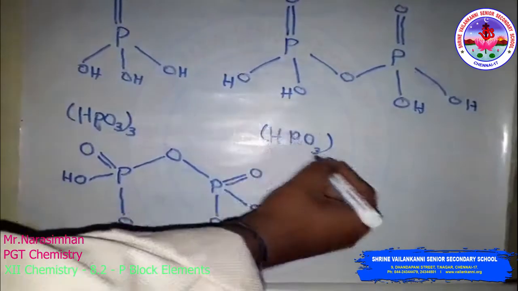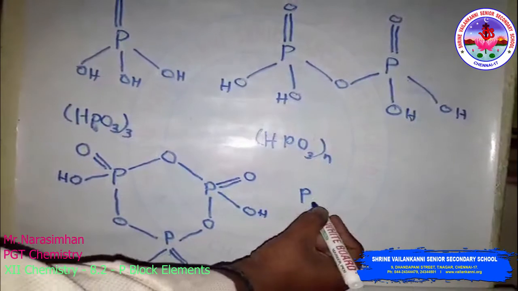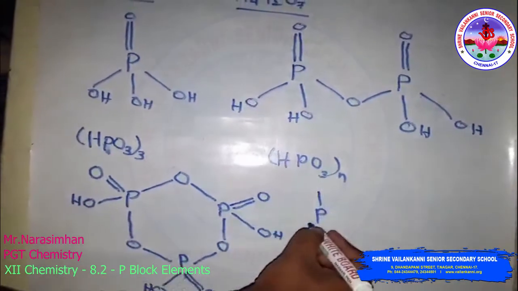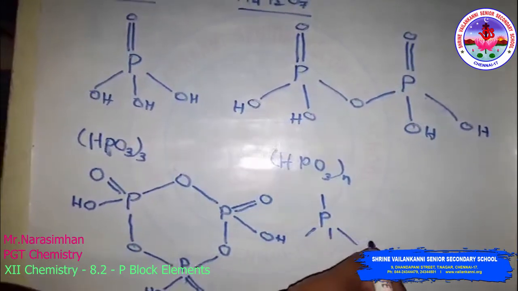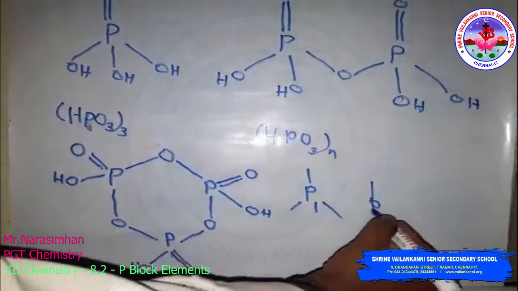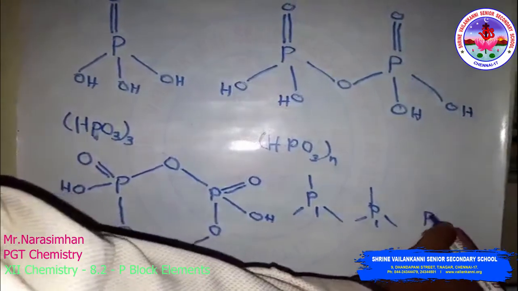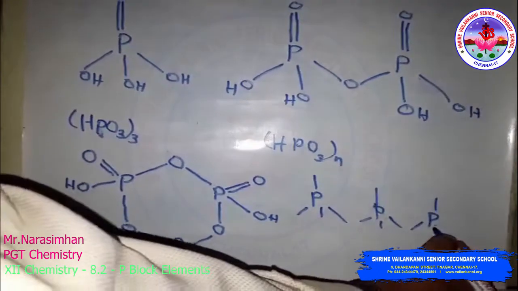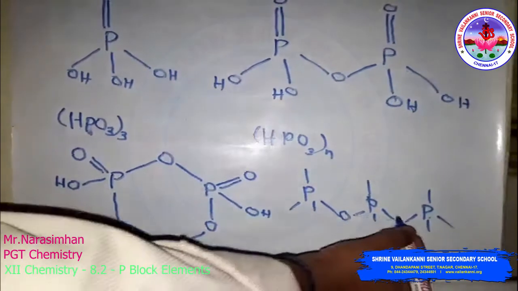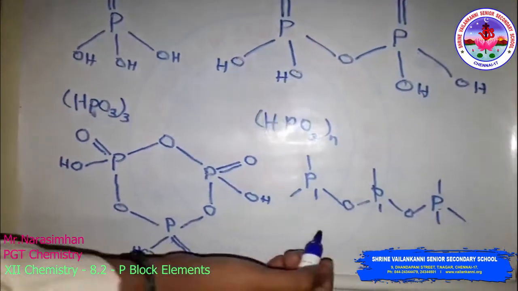HPO3 n times. The structure goes like this: phosphorus, just write in a tetrahedral manner, then phosphorus, tetrahedral manner, phosphorus, just like a tetrahedral manner. So connect these with oxygen, and here also the same way you have to follow.